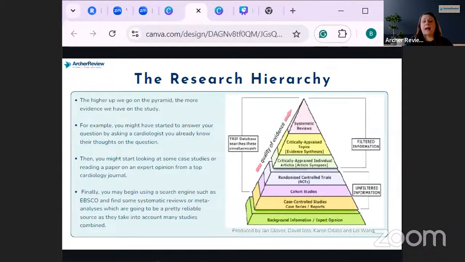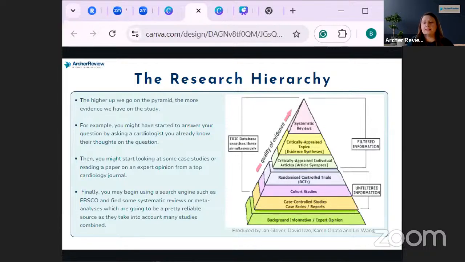Those are going to be pretty reliable sources, as they take into account multiple studies combined. That's why these systematic reviews and meta-analyses are at the top, because they take multiple different research studies and conglomerate them all together into some numbers and statistical evidence.